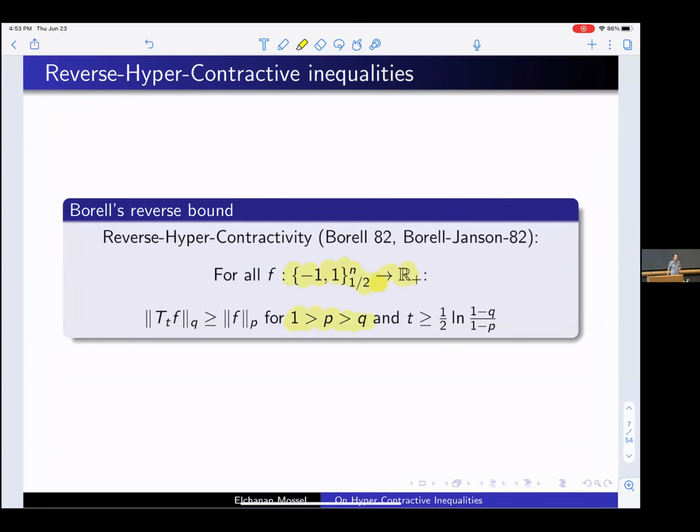Any objections from anybody? It's not a norm, very good. So let's ignore that point. It's not a norm. My norms are going to be less than 1. And moreover, the inequality is going to go in the opposite direction. After I average, the Q norm is going to be bigger than the P norm.